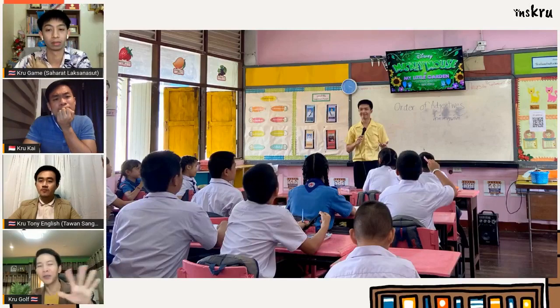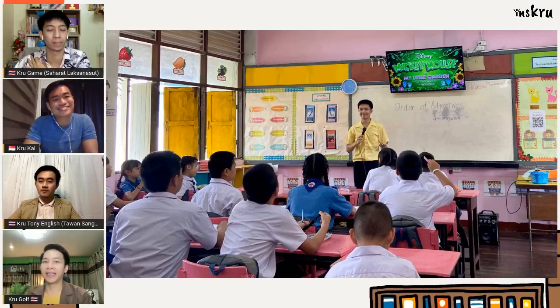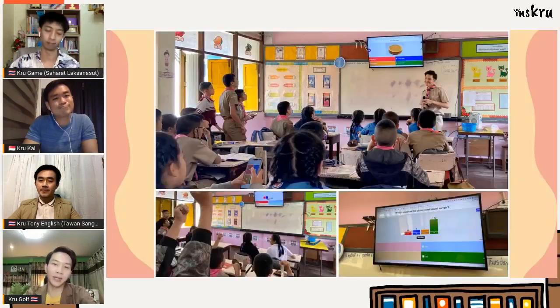It's just 2 or 3 minutes long, and in each episode I would have guiding questions, like, what animals can you spot in the episode, or what could you have done if you were Mickey Mouse, just to get them to think about the situations and to practice the language indirectly.